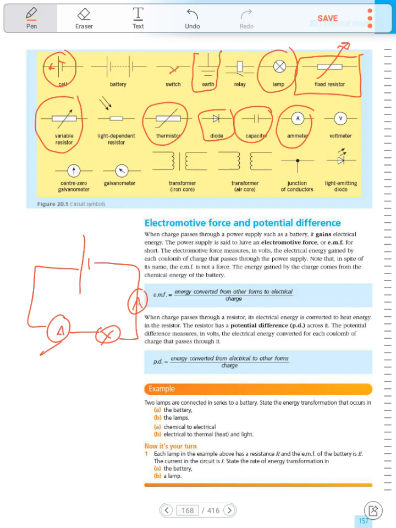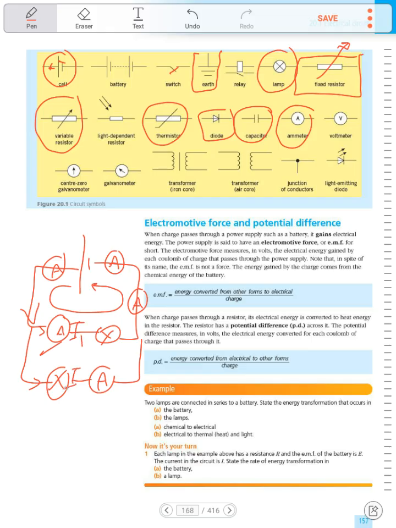The ammeter, if it is before or after the battery or the lamp, you will have the same value through all the circuit if there is no branch like this. If we have two bulbs connected in parallel, the current will split in two parts, I1 and I2. The total current when it's back through this point will be equal to the current I, which is the total current.